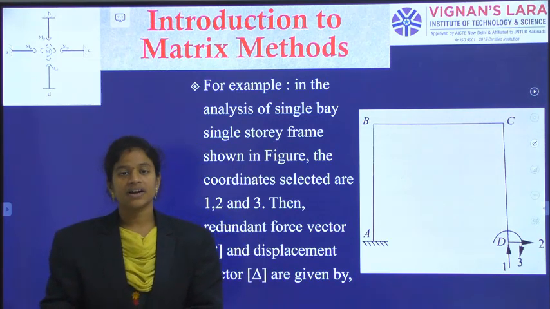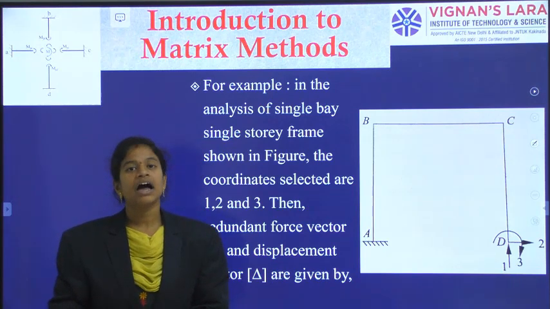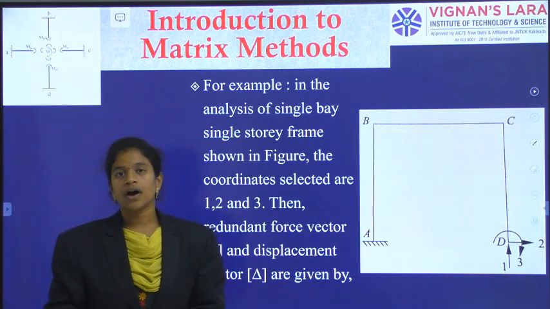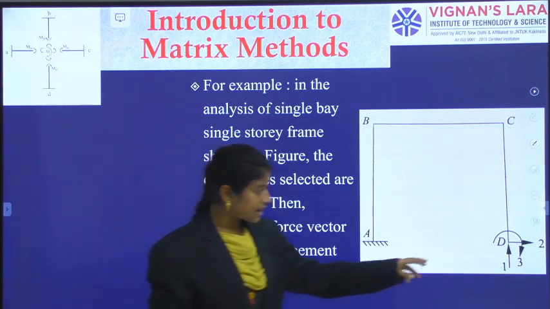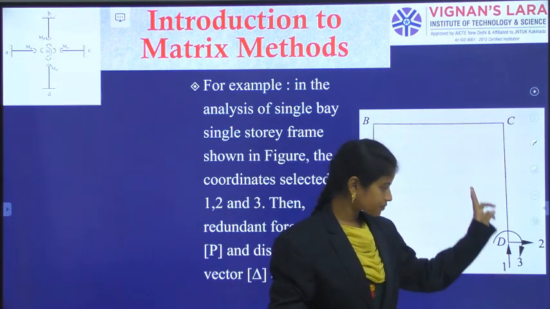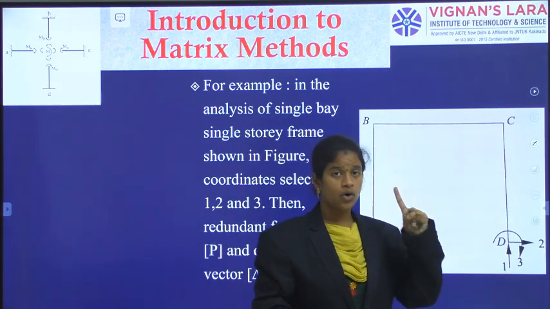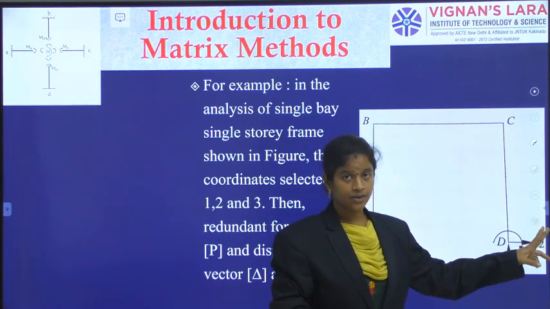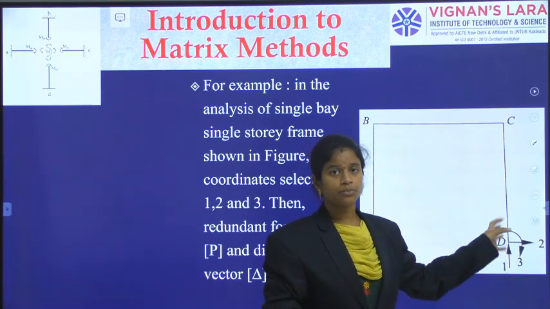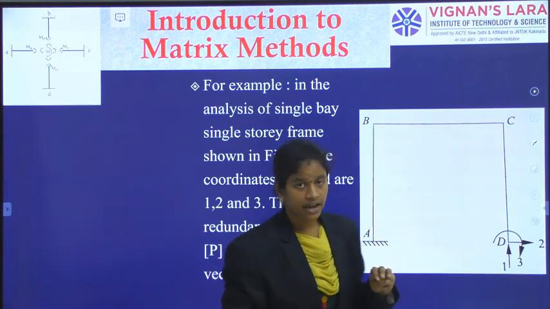Directions of the forces or displacements are the unknowns, and that is the coordinate system here. Seeing the end D, I am observing one vertical reaction as one coordinate, horizontal reaction as the second coordinate, and the rotational component or the moment at the support as the third component.